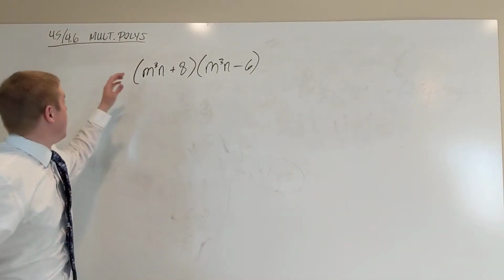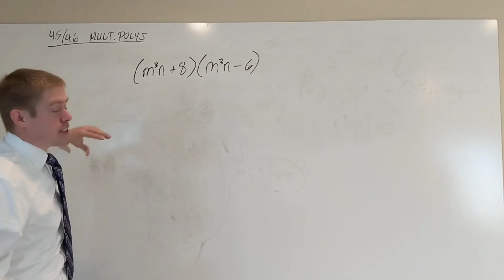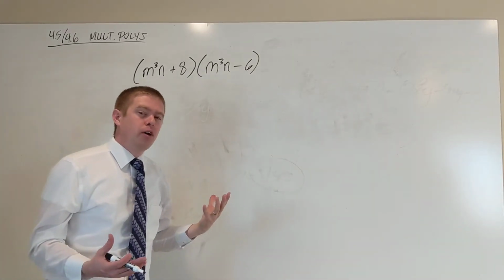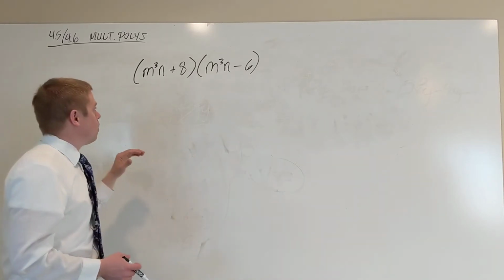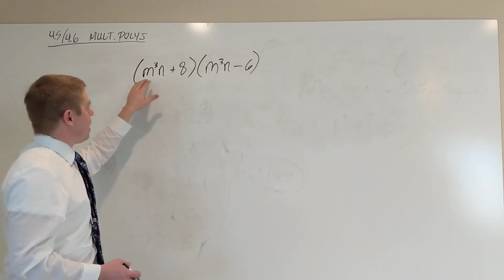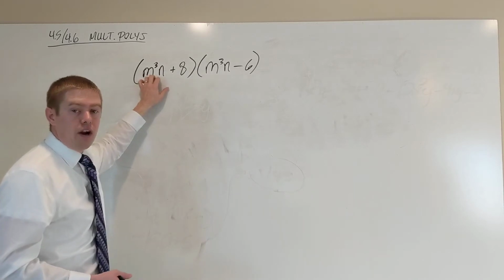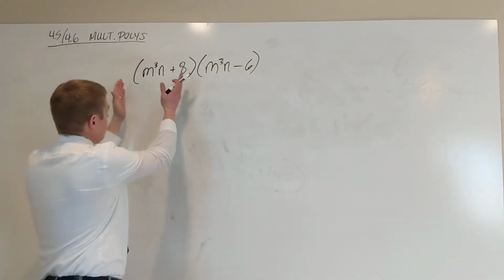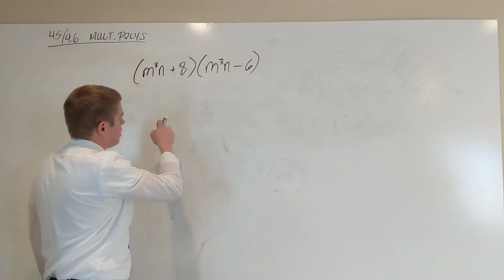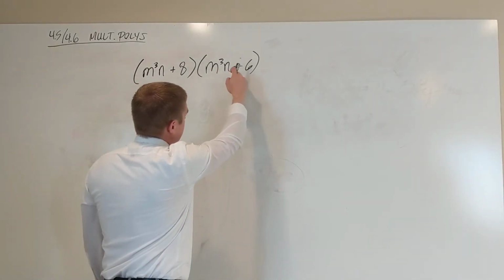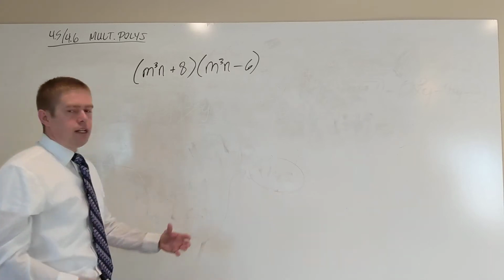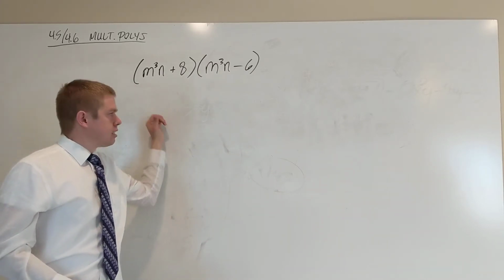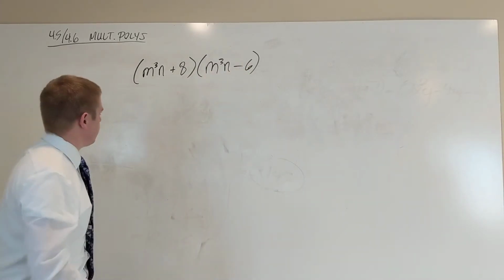So here, again, in 4.5 and 4.6, we talked about the multiplication of polynomials. With this, we're just doing the same thing, but now we have multiple variables. Here we have m to the third n plus 8 times m to the third n minus 6. We're just going to take everything in the first parenthesis times everything in the second parenthesis.